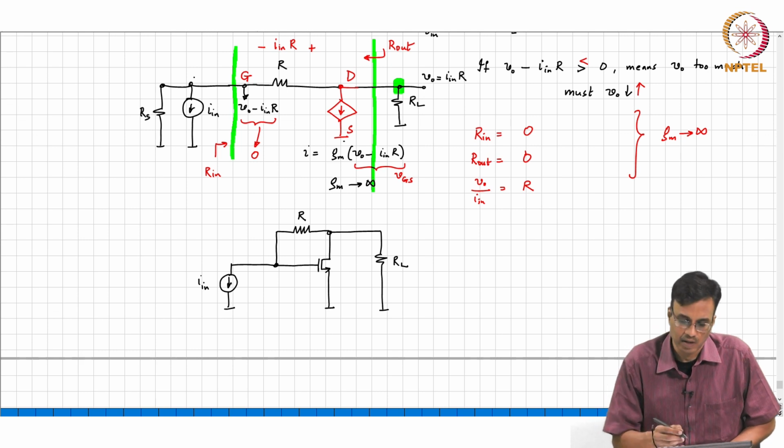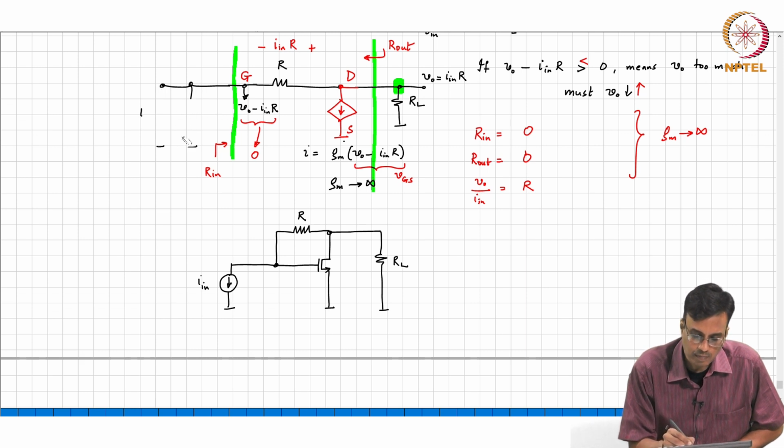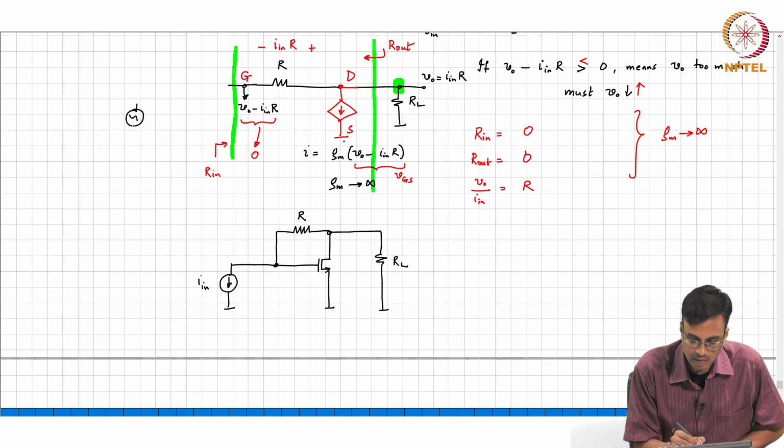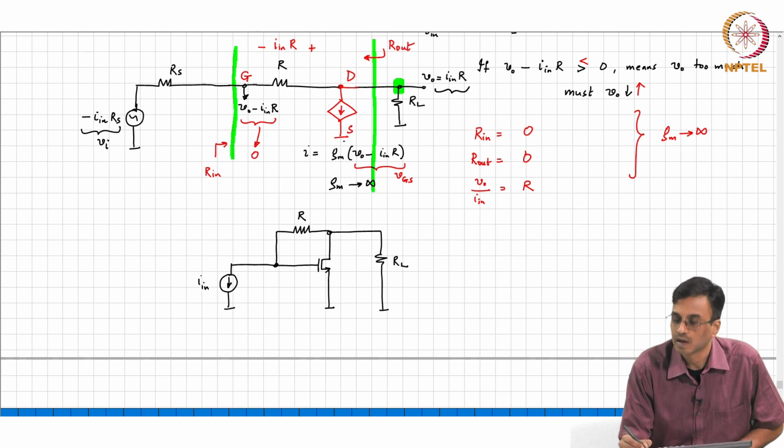Now, if I convert this into a Thevenin equivalent, how will it look? This is minus In times Rs. If I call this Vi, what will this be?